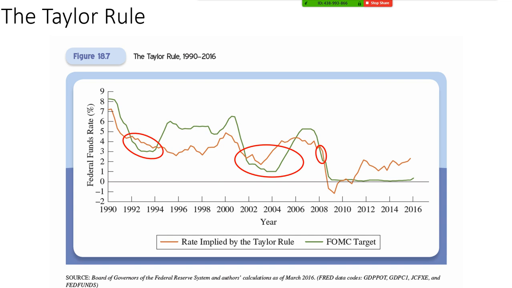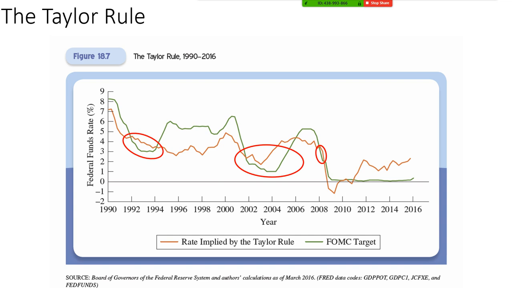And what we might notice first is that all three of these instances where the actual Federal Reserve's target for the federal funds rate is below the rate implied by the Taylor rule, these are during a downturn. It's either at its trough or on the way there, in the case of the 2008 period.